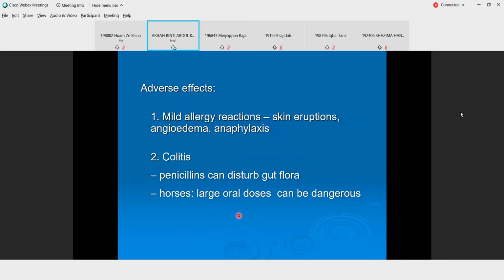Large doses interrupt this and also kill the normal bacterial flora in the gut. That can lead to colitis, and later on colic and further complications in horses. So usually in horses, the injectable form would be preferred.